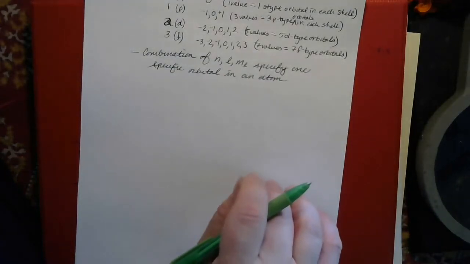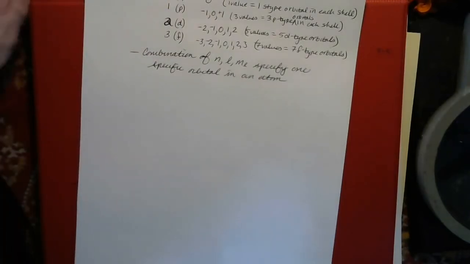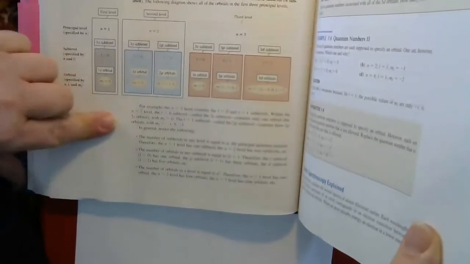Let's see, there is a diagram of the orbitals in n equals 1 through 3 on page 298 in the book, and that would be this diagram here. If you have the book, you can look at your own copy to see it in more detail. So n equals 1 has one orbital in it, and that's an s-type orbital.